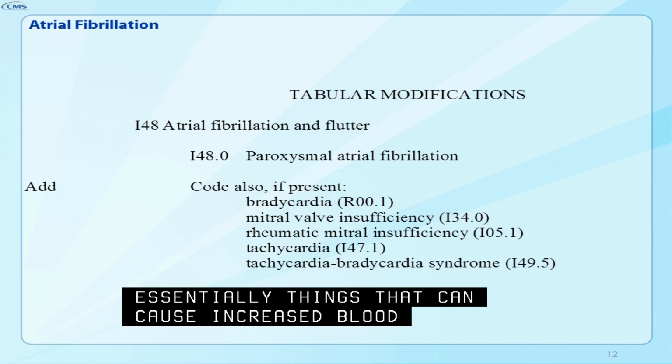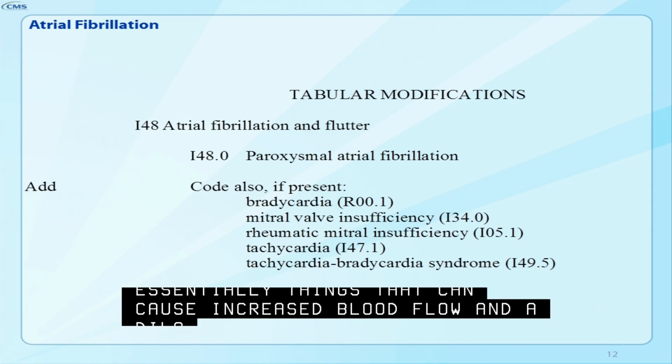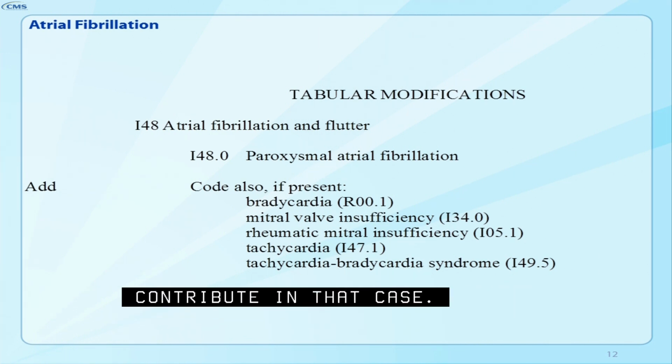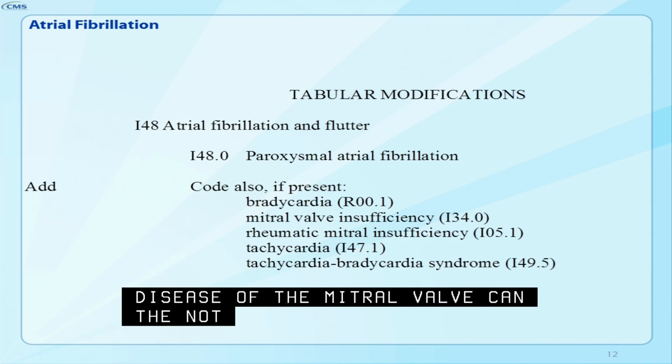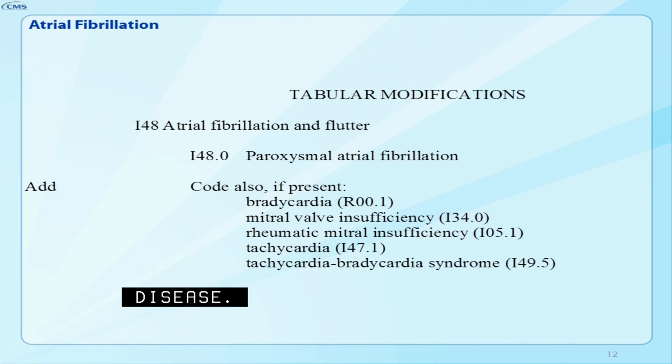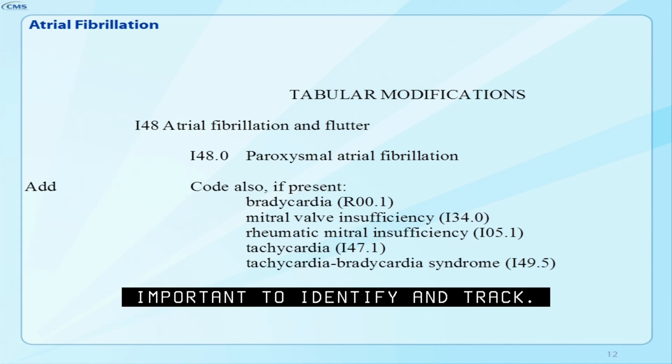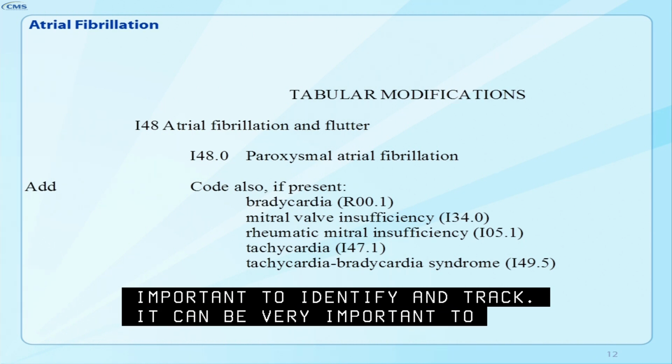So treatment of patients with disease of the mitral valve can be significantly different than treatment of patients with atrial fibrillation that's not associated with mitral valvular disease. So a distinction there can be important to be able to identify and track. So it can be very important to be able to specify that. Now, we would generally use separate codes for that, I will say.